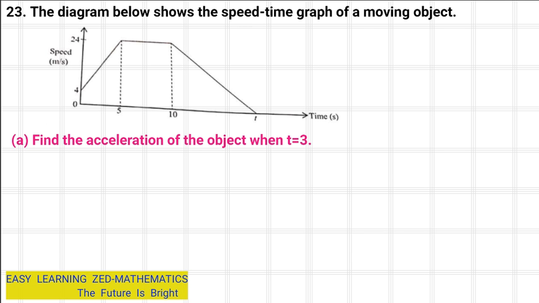Question 23a, they're asking us to find the acceleration of the object when time is equal to 3. So first of all, let me give you the formula to find acceleration.